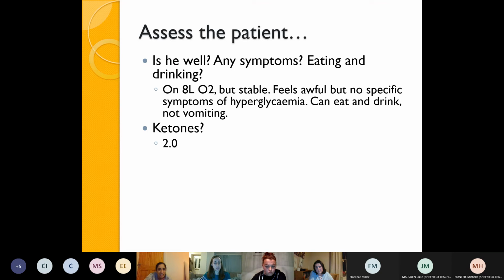So what do we want to do from this point of view? Now that they've got to this stage, what do we want to do? Would you do a VBG? Not necessarily, unless you're doing it for another reason. If there's another reason, for example, he's septic and you want to know his lactate, but with ketones of 2, he doesn't have DKA. You need ketones of greater than 3.